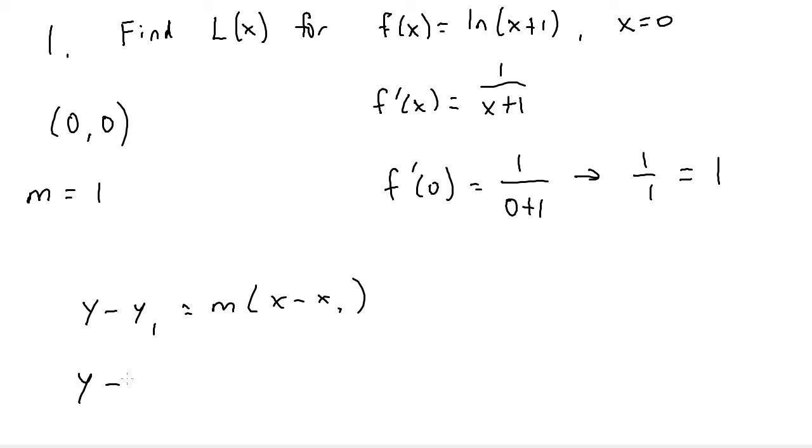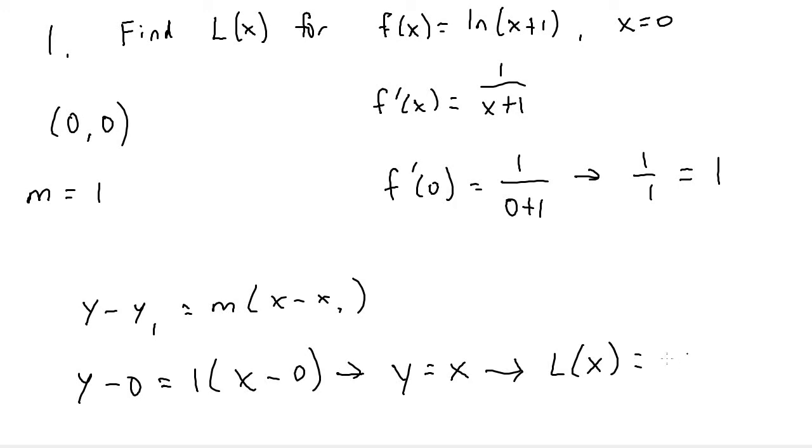So we can do y minus 0 equals the slope, which is 1, times x minus x1, and our x coordinate is 0. So then y minus 0 is y, and we have 1 times x minus 0, which is just x. So you can say y equals x, or you can say the linearization function, L of x equals x.